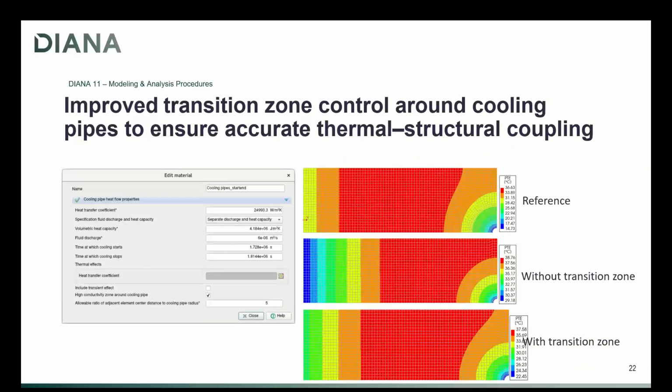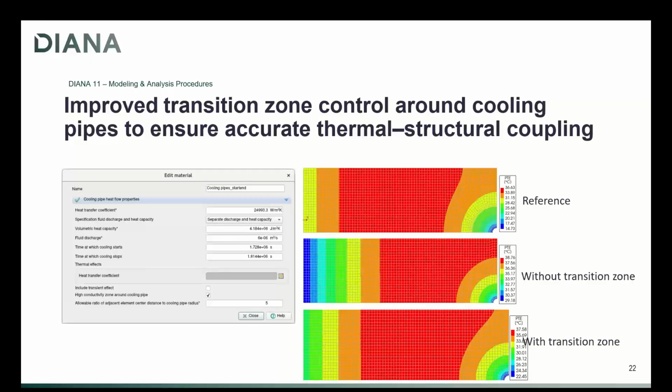Yeah. It is for heat flow analysis with cooling pipes. In Diana, cooling pipes are 1D elements, and the problem is that, in reality, a cooling pipe has a certain radius, and heat transfer happens through the cylindrical surface.